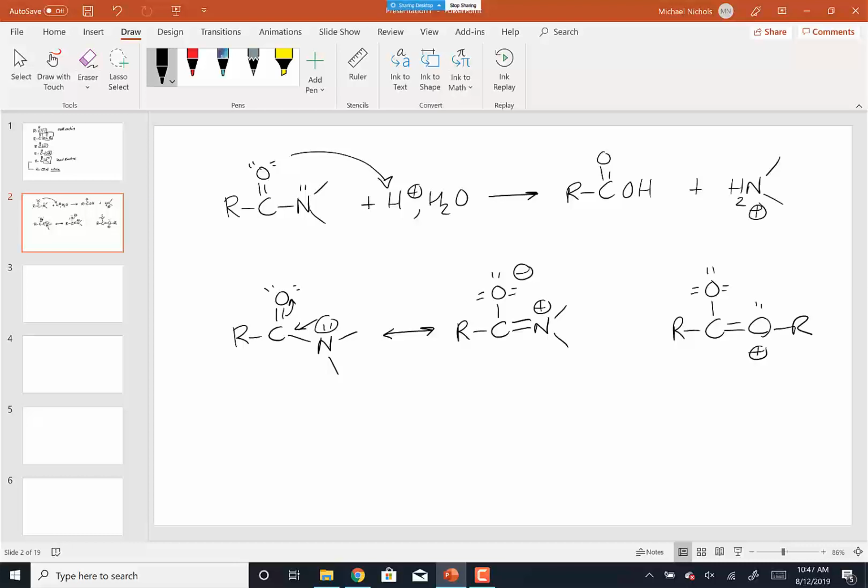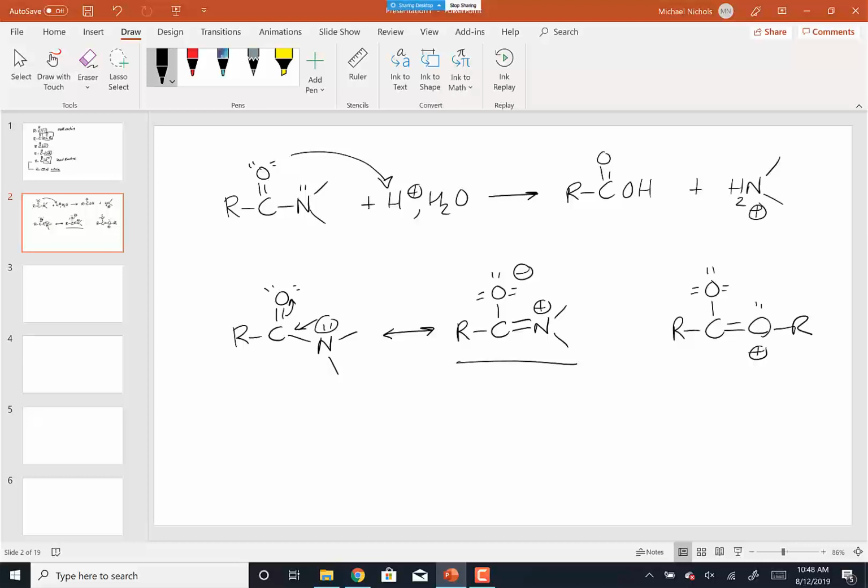So that resonance structure, is it stable? Is this resonance structure stable, yes or no? Take a guess. Good guess. No, it's not stable. Should be more than a guess, though, shouldn't it?